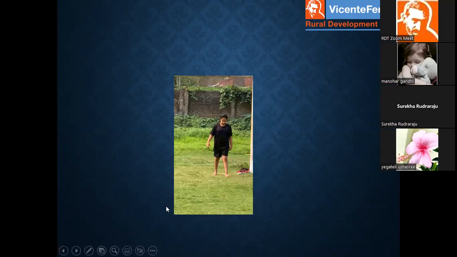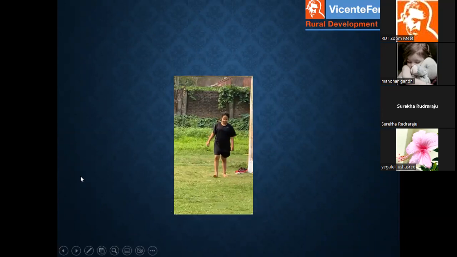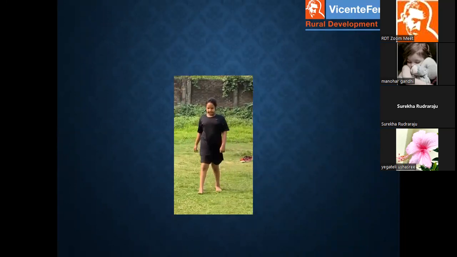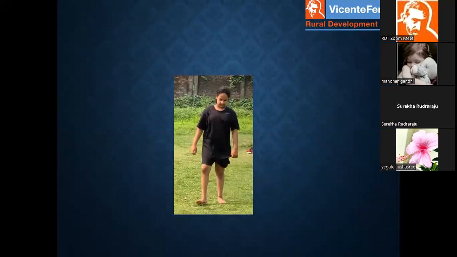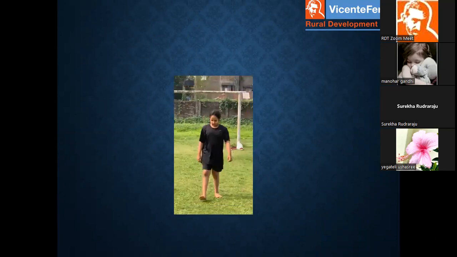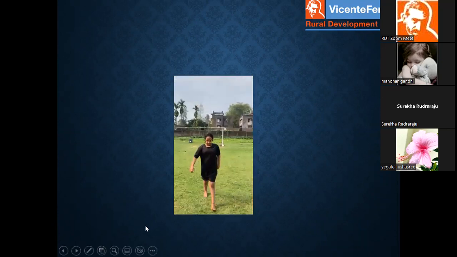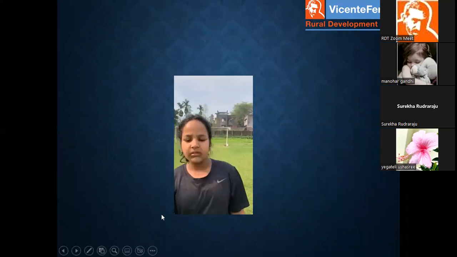So what's happening with this child? You describe all phases of the gait. What is the initial contact?